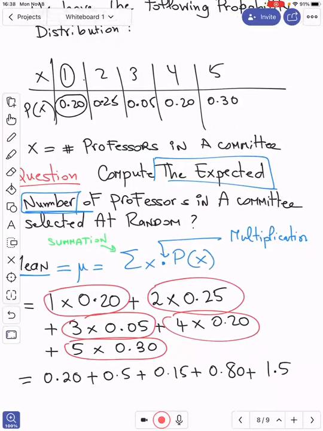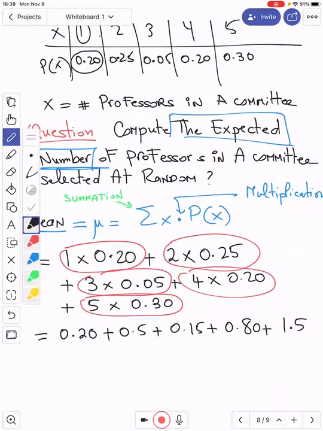And the answer, let me see my notes. So the answer would be 3.15, I think. This is 3.15.